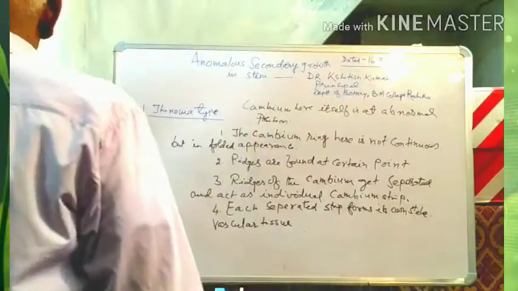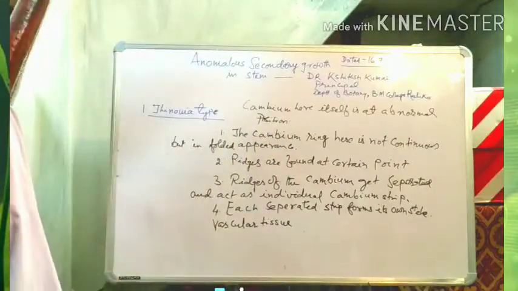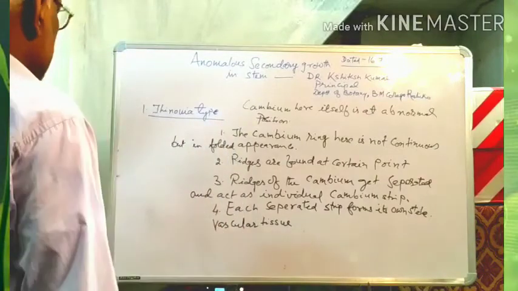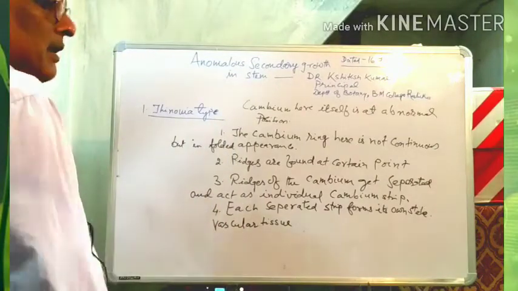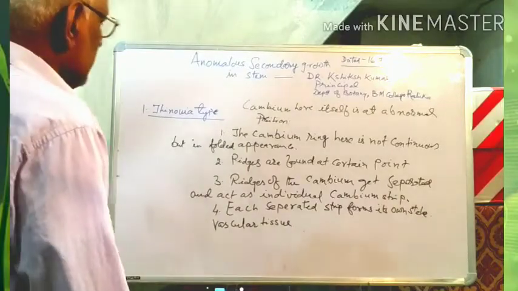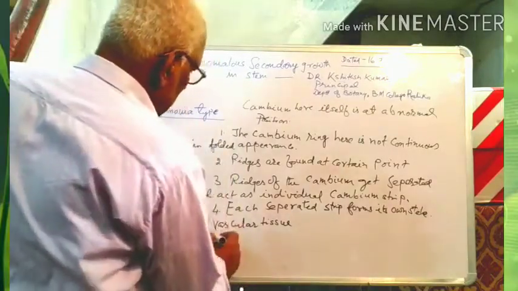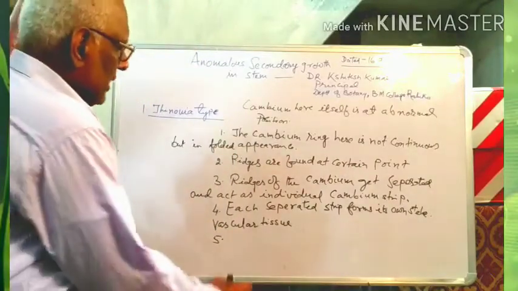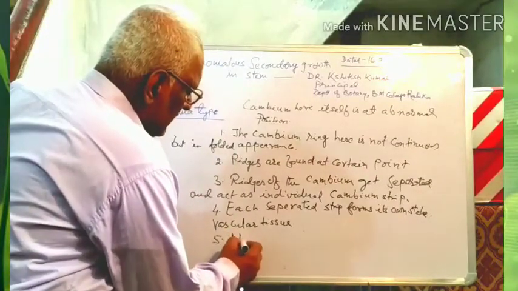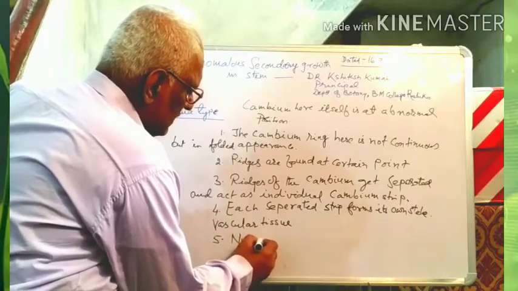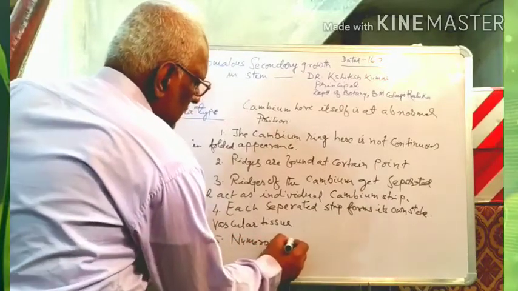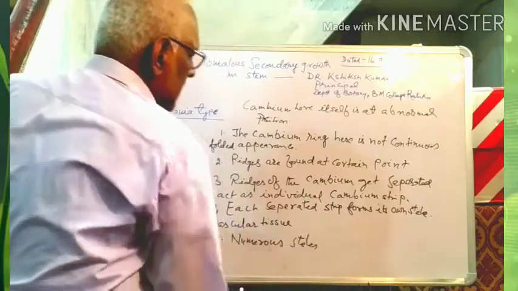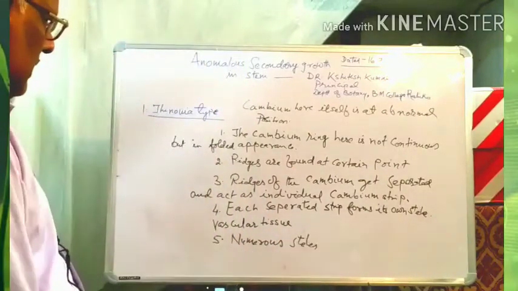As a result, the secondary structure of the stem consists of several steles. The result of the anomalous secondary growth is the formation of numerous steles.